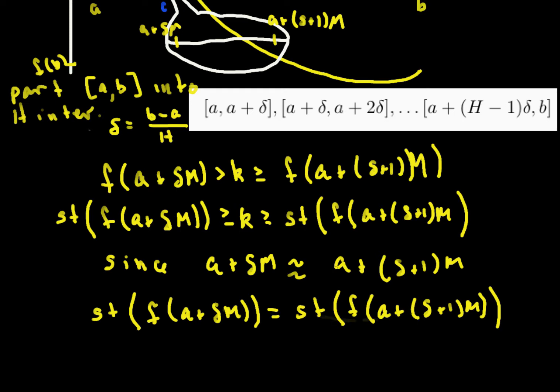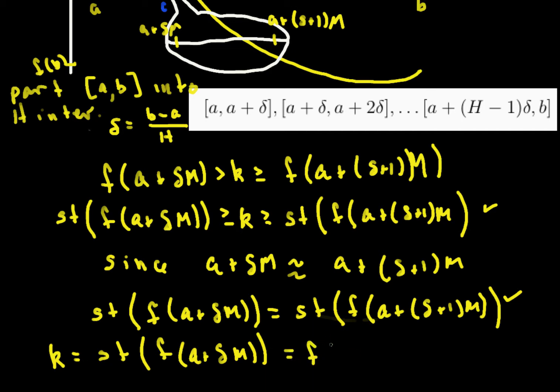And now we put these two facts together, so the right and left endpoints are equal. One is bigger than or equal to k, the other is less than or equal to k. So this tells us that k is equal to the standard part of f of a plus delta m, which, because it's continuous, the standard part moves through.